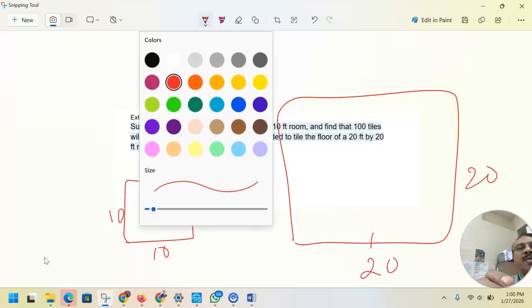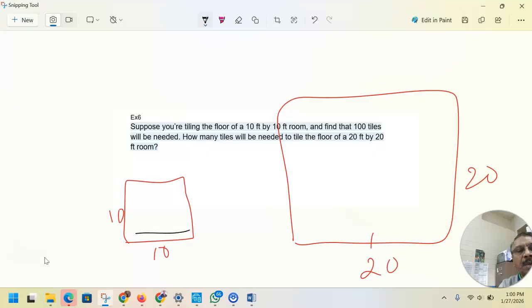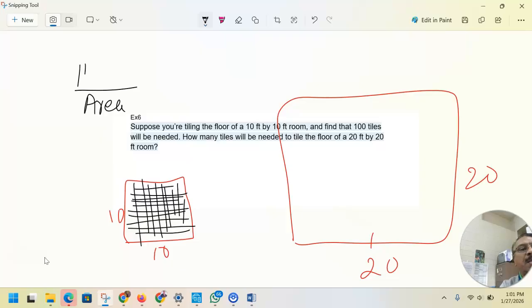So we'll have to use the area. So that means if this area is 100 square feet, we'll do the area and the number of tiles. So this is the ratio we will have to take.